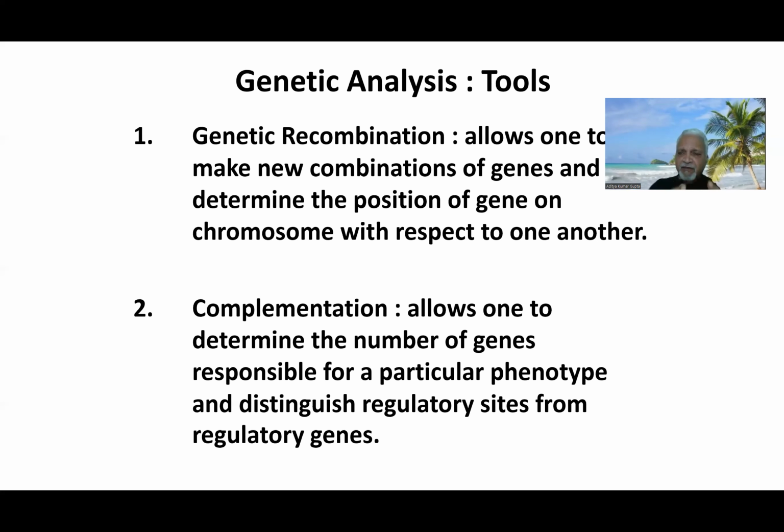Similarly, when we look at complementation, complementation again is the key where one sees that if there are two alleles, and out of these two, one is defective or not expressing, and another is expressing and is complete, not defective, then how does this extra copy or extra allele complement the defective one, resulting in regaining the wild type phenotype.